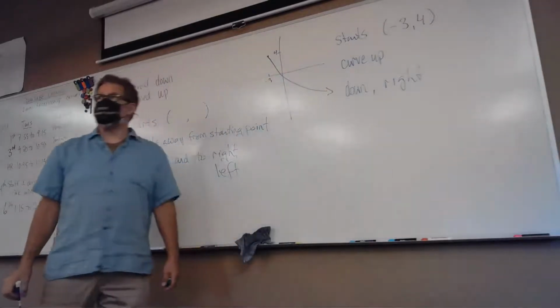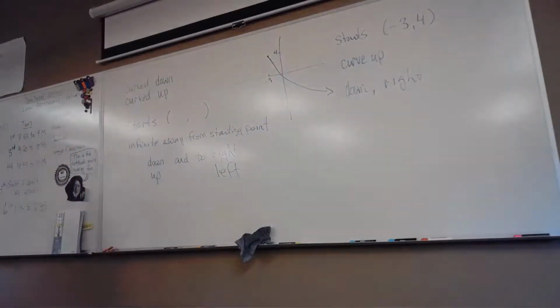Does everybody have a sketch that looks something like that? It's going to cross the axes in different places. It may be steeper, it may be less steep. But your sketch should look something like the one I've got up on the board there.